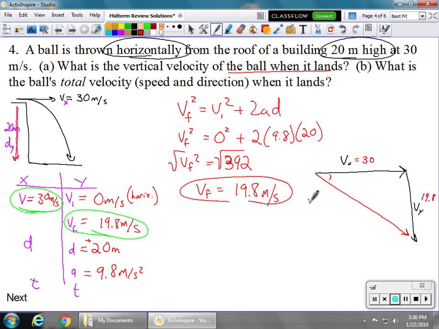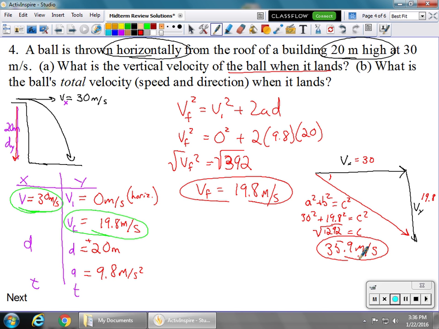So you're going to use the Pythagorean theorem to solve for the hypotenuse. You're going to put in 30 squared plus 19.8 squared equals c squared. You're going to square root to get your answer, which is going to give you 35.9 meters per second. That's what you get when you're going 30 in the horizontal and 19.8 in the vertical.